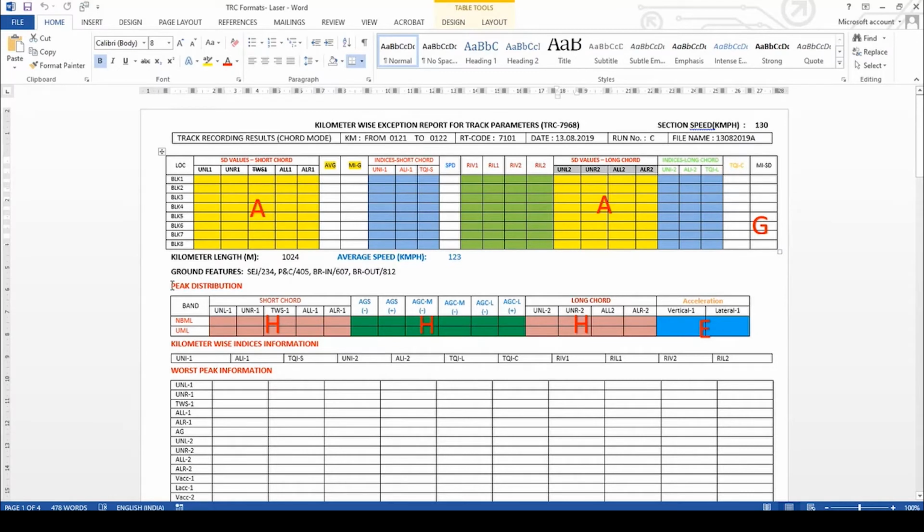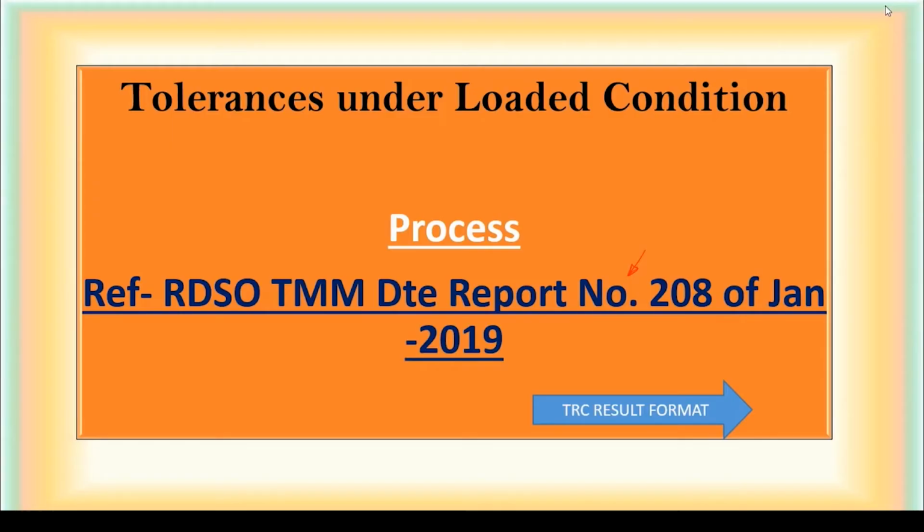Then what are peaks? These parameters we measure, and accordingly these measurements are compared with the tolerances given. This is just for your information that we get TRC result in this format as per new TRC. This will be discussed in greater detail in your TRC class, which will be taken later on.